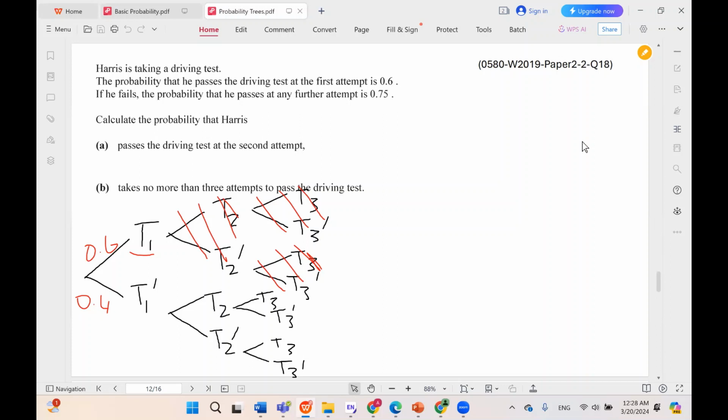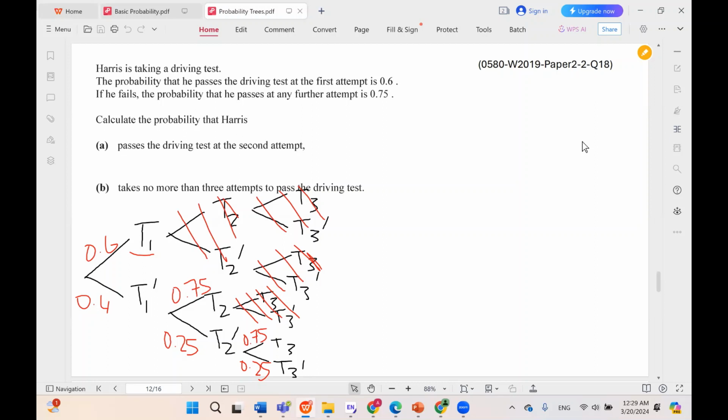Now, if he fails, the probability of passing the second attempt is 0.75, and then failing would be 0.25. Again, if he passes, you do not really need this branch anymore. If he fails, he can take the test again, and the probability would still be 0.75 in passing and 0.25 in failing. So in A, we want him to pass at the second attempt.